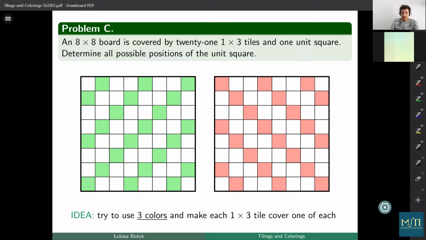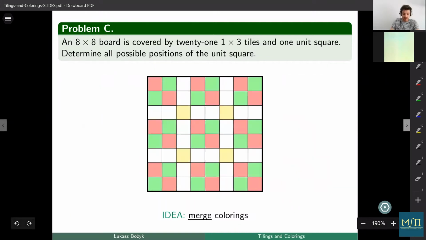So our 1x1 square should be colored both here and here. And if it's both here and here, it must be one of the four places. So we narrowed down the set of potential places where the 1x1 tile may be placed to those four cells.